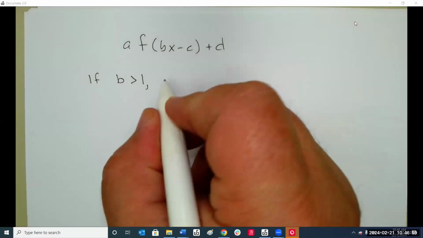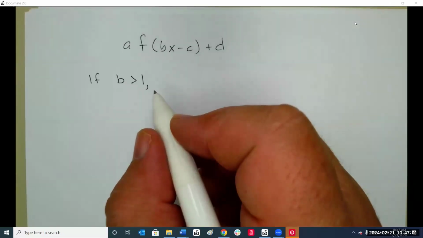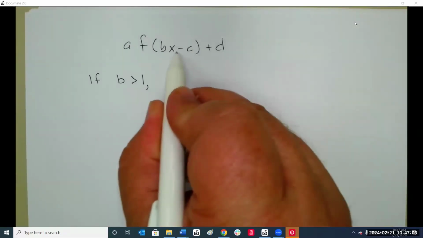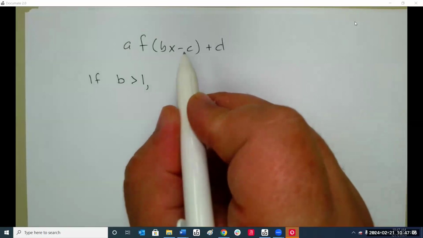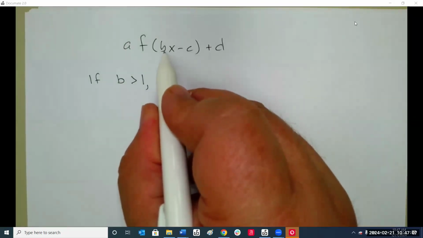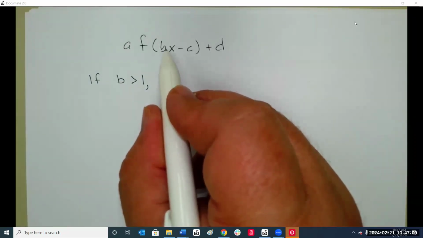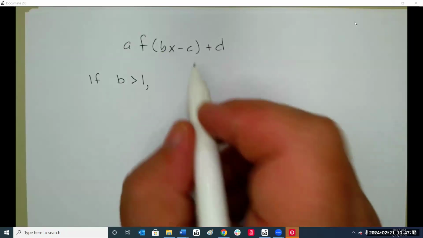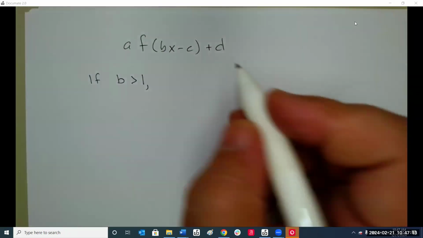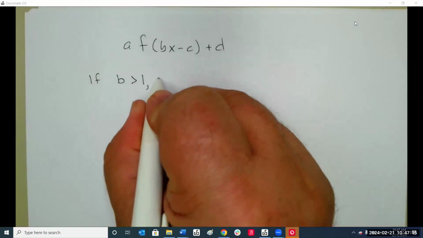It's horizontal. Anything that happens inside the function is horizontal. Because if c makes it go left and right, and if b is negative or positive, it flips across the y-axis, which is horizontal. So if b is greater than 1, then we have a horizontal change.